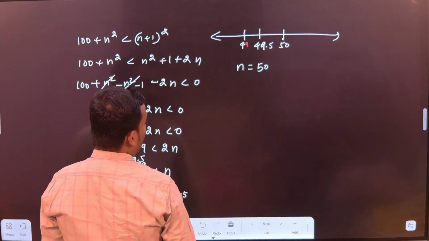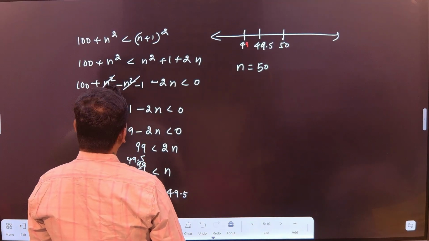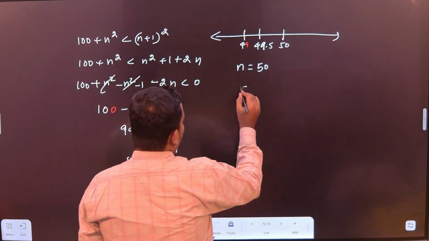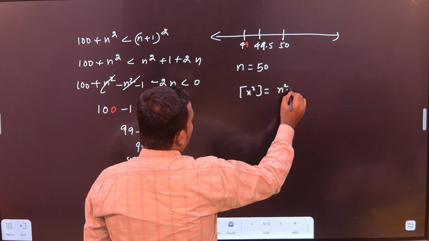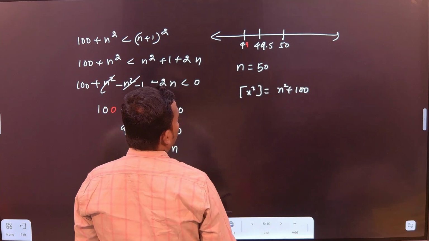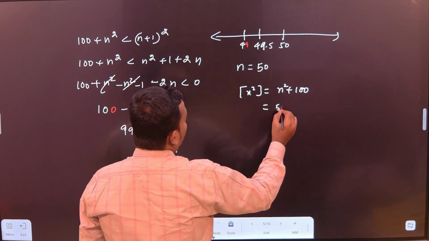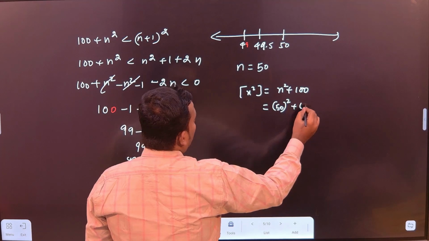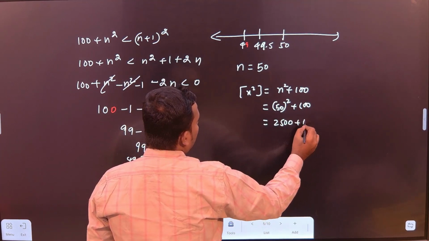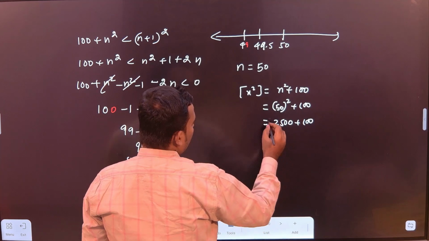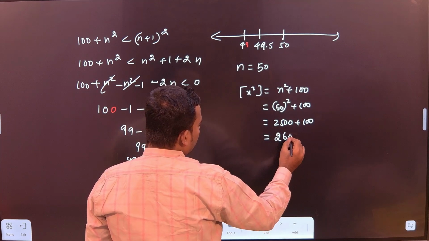Then what they are actually asking is the smallest x satisfying this equation, right? If you consider n is 50, you know that the greatest integer function of x square is n square plus 100, right? If you substitute n, 50 whole square plus 100. So 2500 plus 100, that will be 2600.